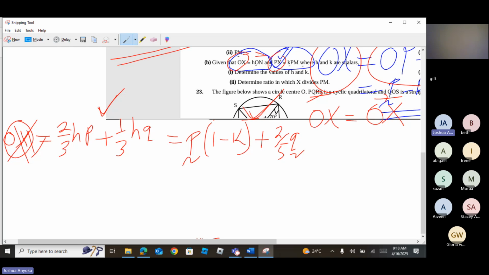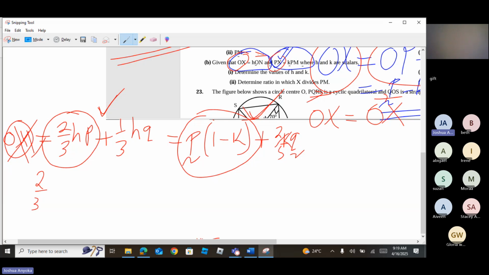Then equate corresponding vectors, a vector that has P and a vector that has P. So we have 2 over 3. Is it 2 over 5 KQ or 2 over 5Q? KQ. 2 over 5 KQ. Ivan, you can see where we got it wrong.